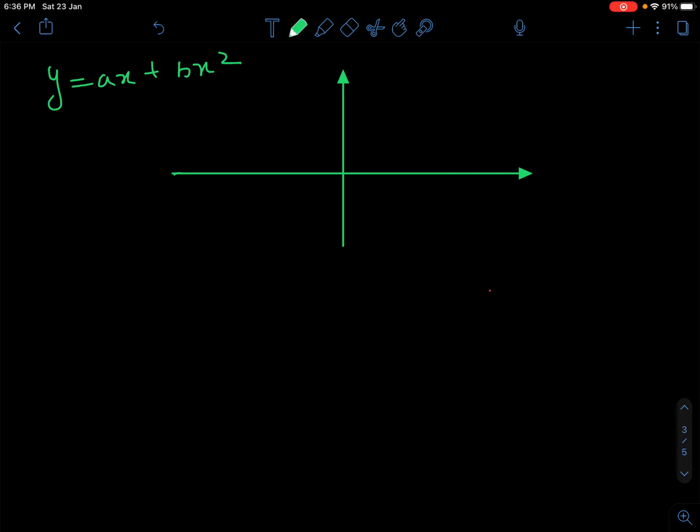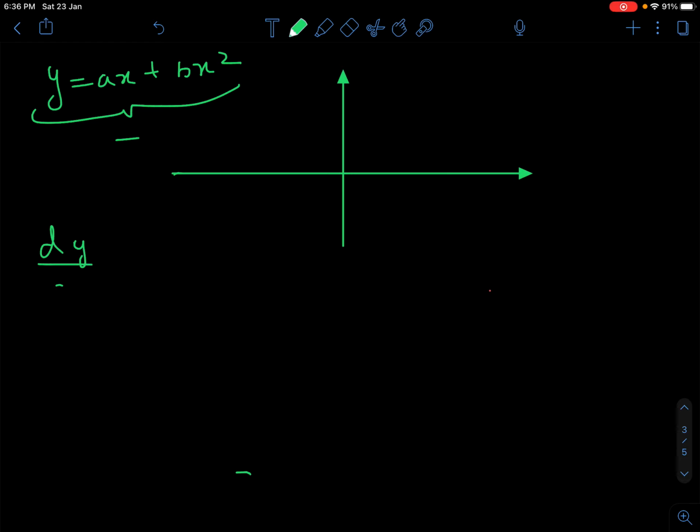You have to make the graph of this equation. The simple step is to first put y is equal to 0. The second step is that you will find the slope of this graph, dy by dx.